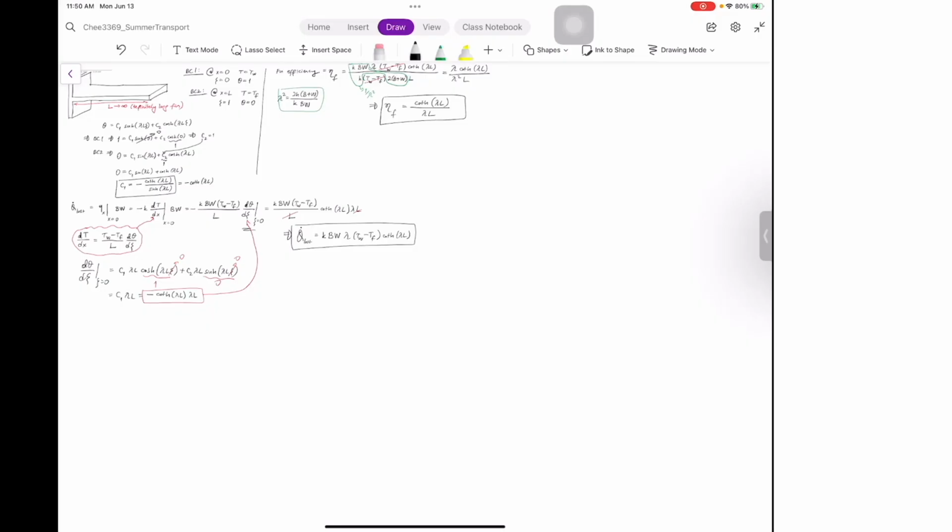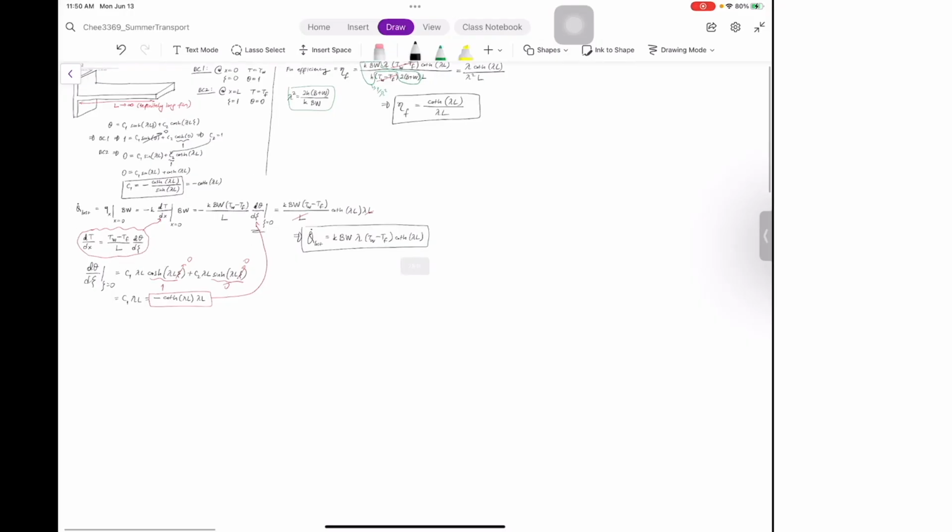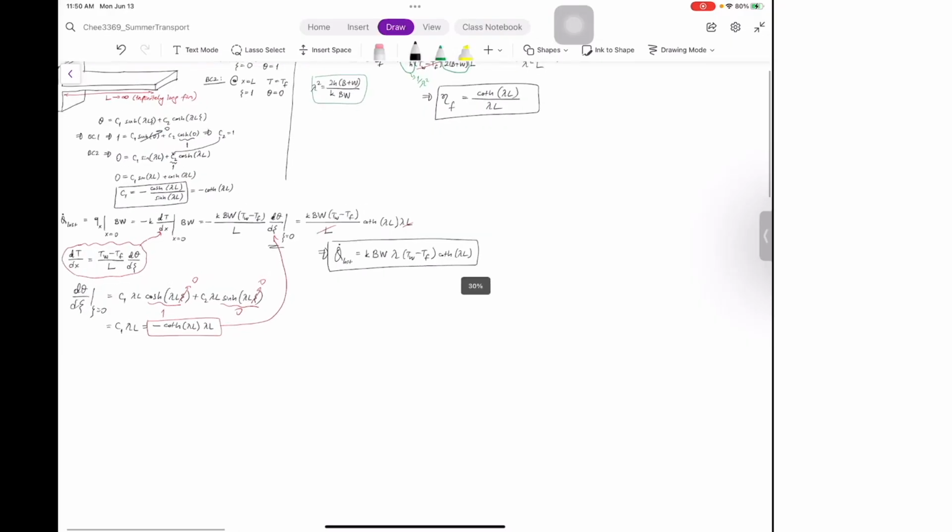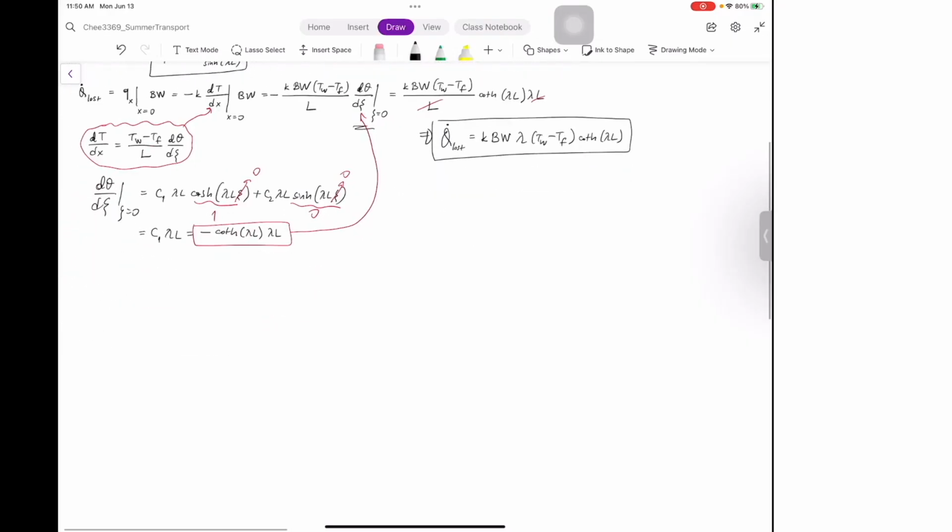For an infinite length fin, where the end is open to the atmosphere or the environment. Exactly. Excellent question. And who is speaking? My name is Sifat Tanvir.